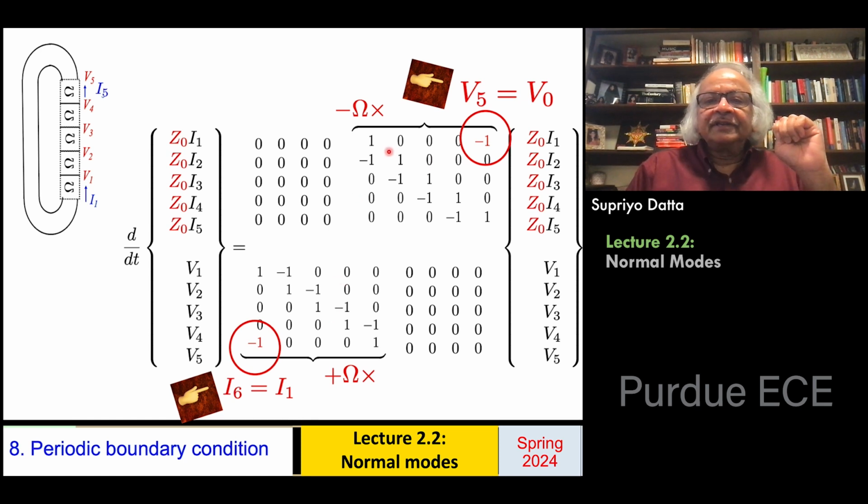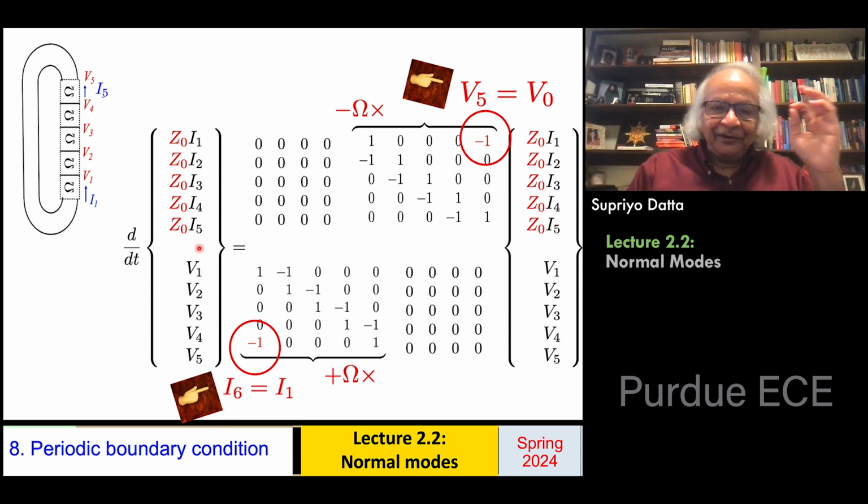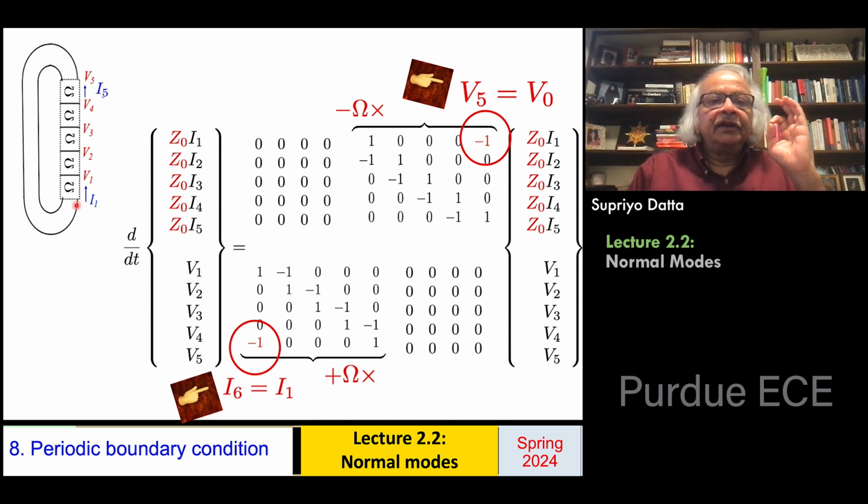Because you see, what happens is, if you look at this first line, when you're talking of di1/dt, you have this term here, which multiplies V1. Now, what we'd have liked to have written is V1 minus V0, right? But then V0 is not in our list of variables. It goes 1, 2, 3, 4, 5. There's no V0. But because of the periodic boundary condition, V0 is the same as V5.